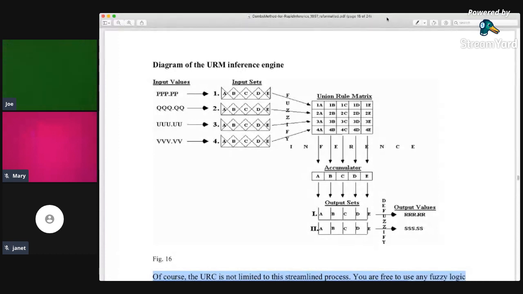Those are just generally things that I think are really important and really interesting with this kind of inference engine.